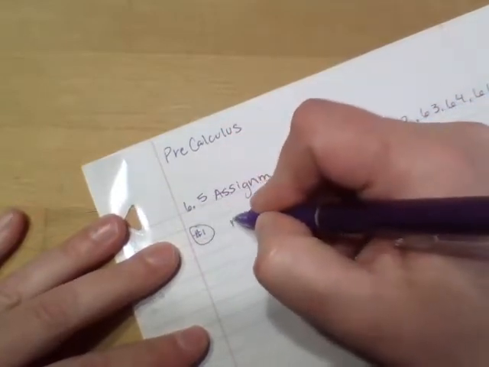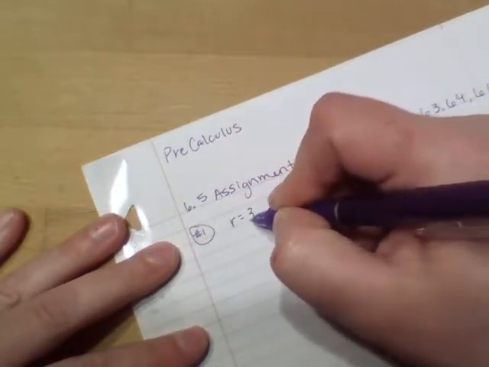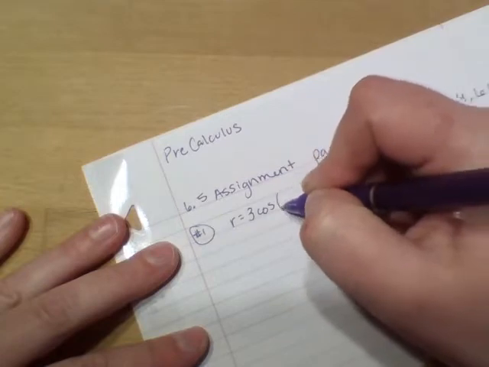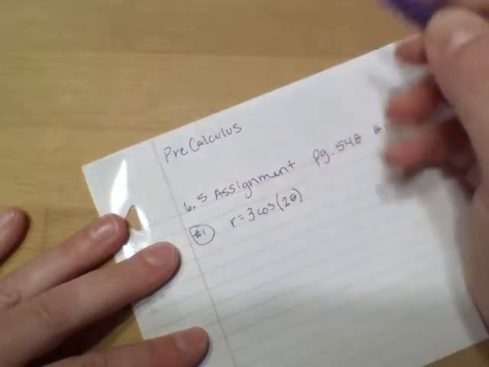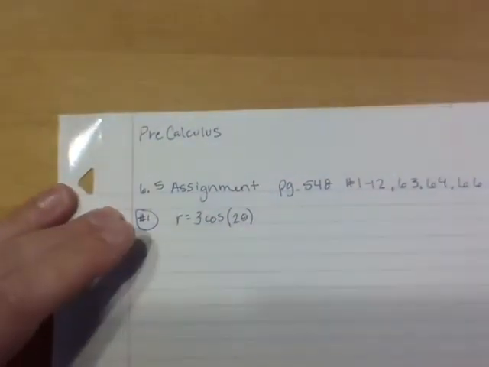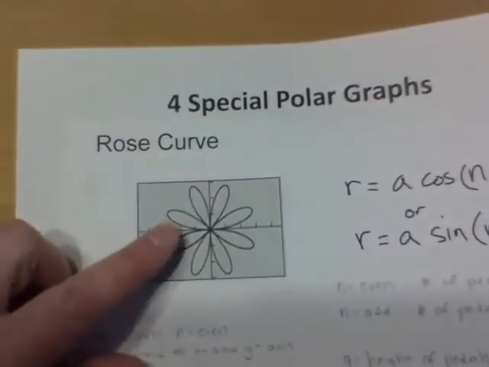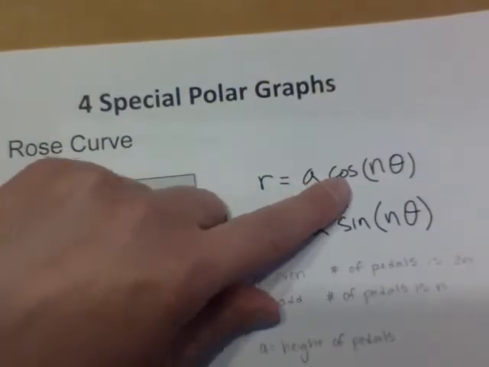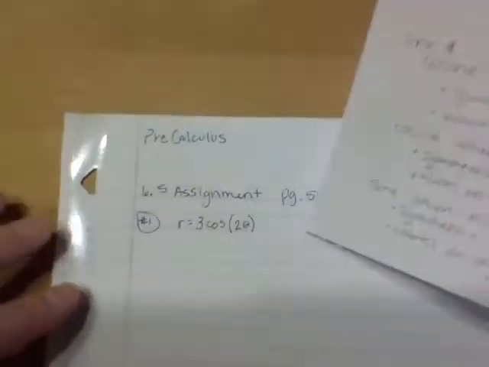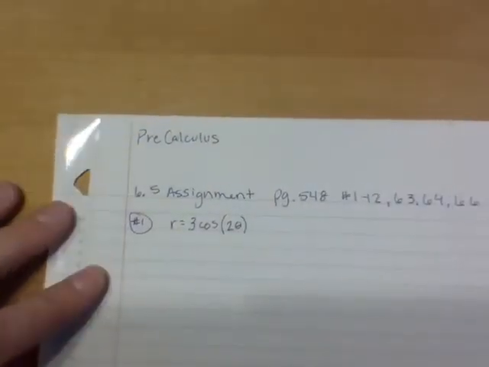And the table is for the formula 3 cosine of 2 theta. This is a rose curve.